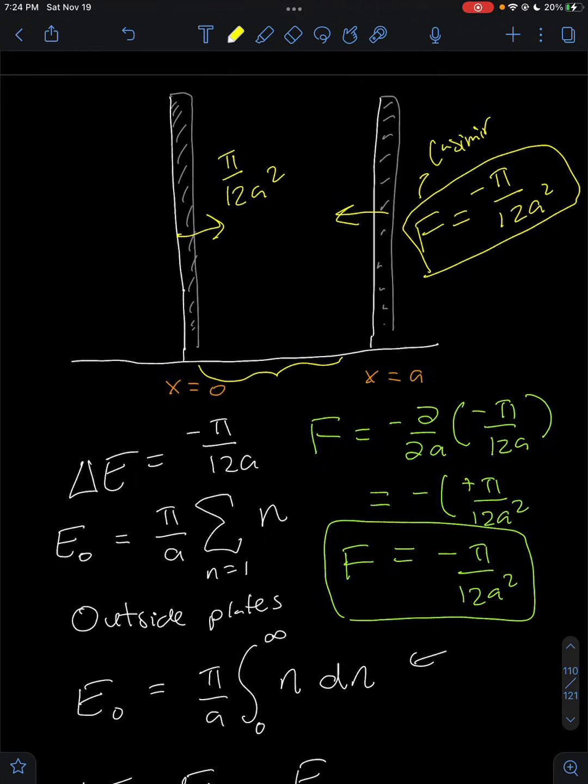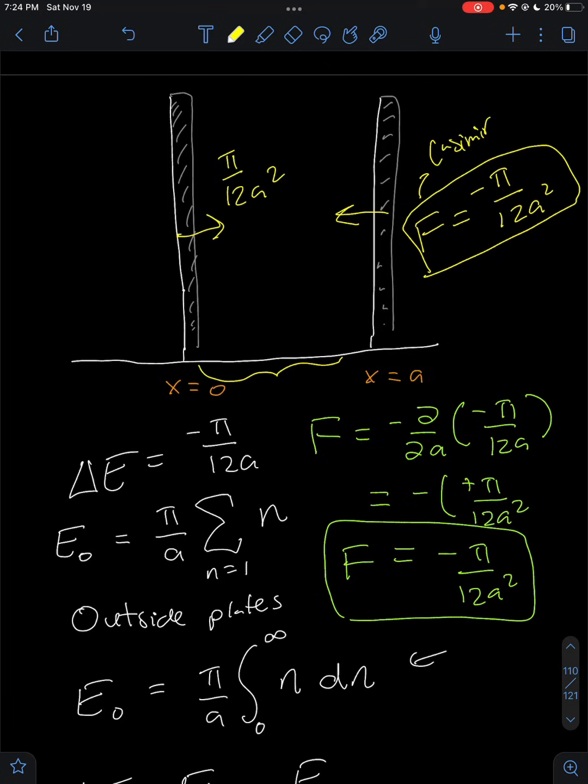Then we used a regularization where some photons, or some field modes, escape the plates, and that made our expressions finite. And from that, we found out the change in energy is minus pi over 12a. We took the derivative of that with respect to a, took a negative sign, and then we got the main Casimir force. So yeah, that's how the Casimir effect works.